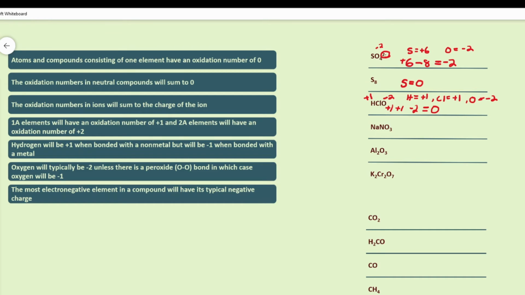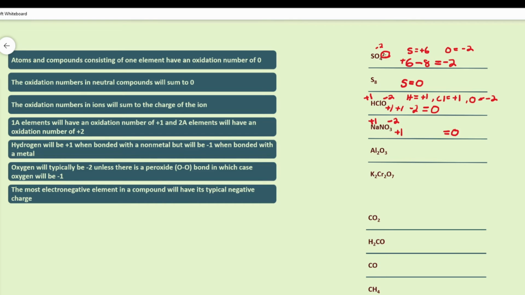All right, now we've got sodium nitrate. Looking down through our rules, we see that all the group 1 metals have got to be +1, so sodium is +1. If you look on the periodic table, oxygen is more electronegative than nitrogen, so it's going to be -2. This is a neutral compound overall, so it's going to sum to 0.